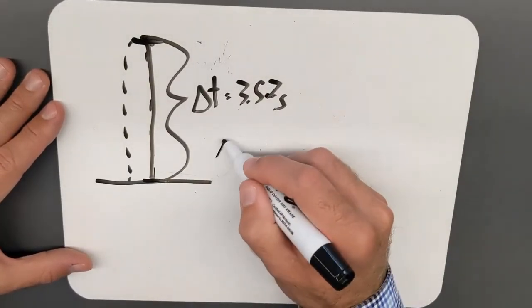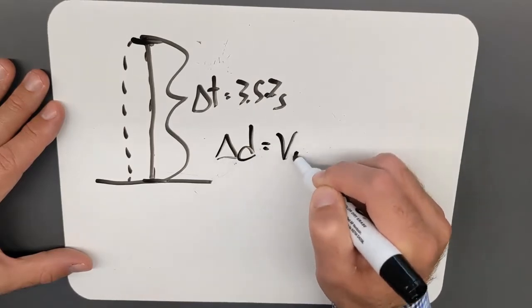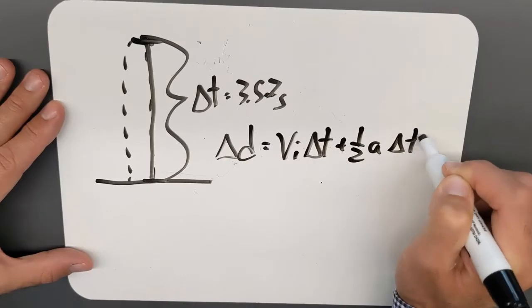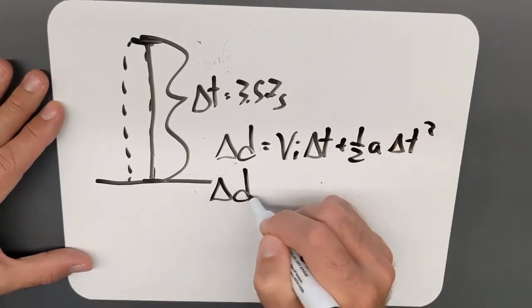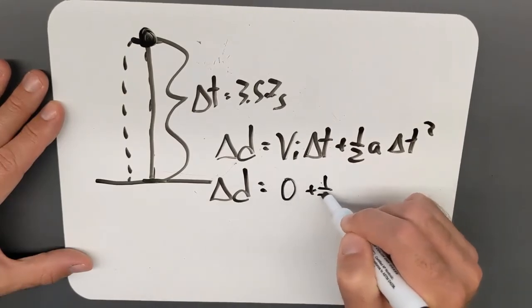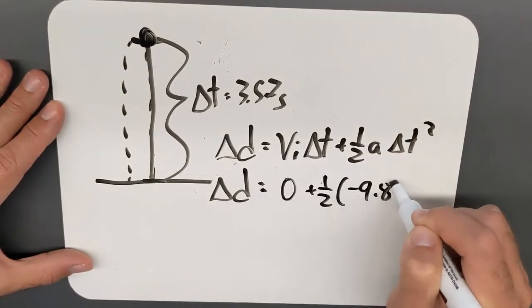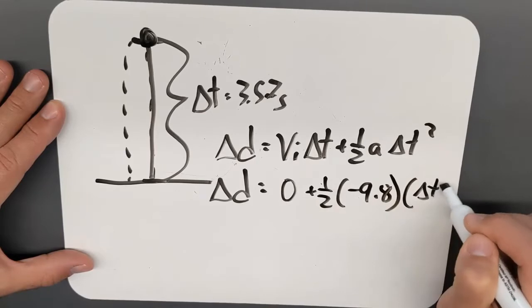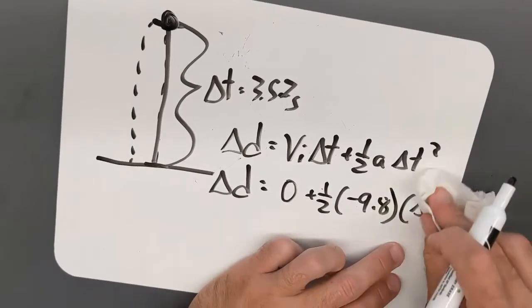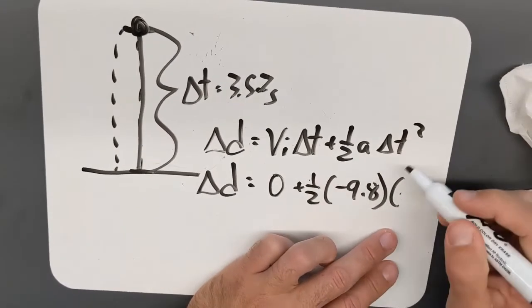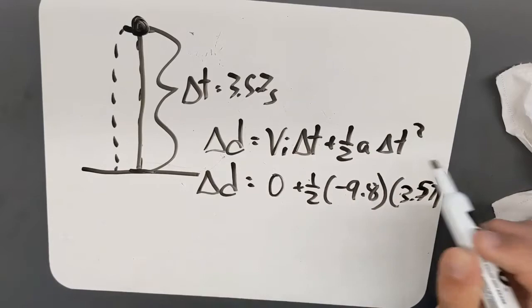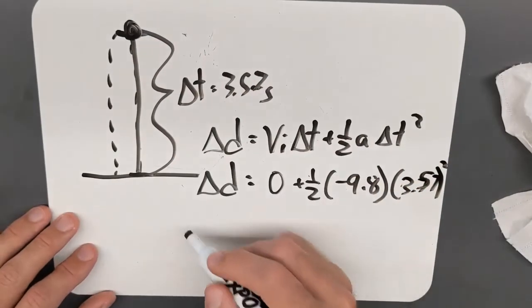So now I can just go to my equation, delta D equals V initial delta T plus 1/2 A delta T squared. My distance traveled, let's see, an initial velocity here of 0 plus 1/2 times negative 9.8 times delta T squared. All right, I got the time. Time is 3.57 seconds, 3.57 squared, because that's the time for the distance that we're going over.